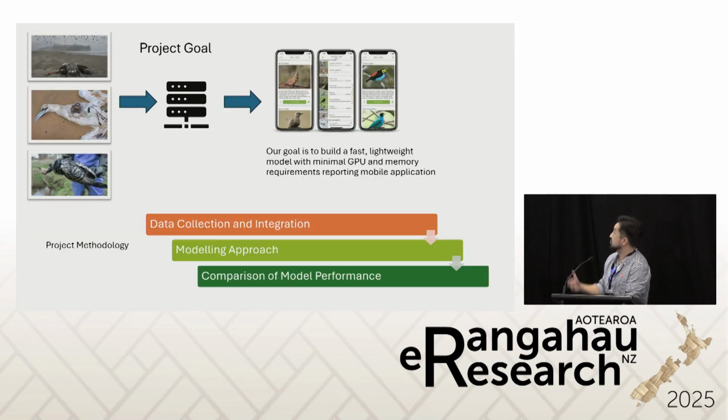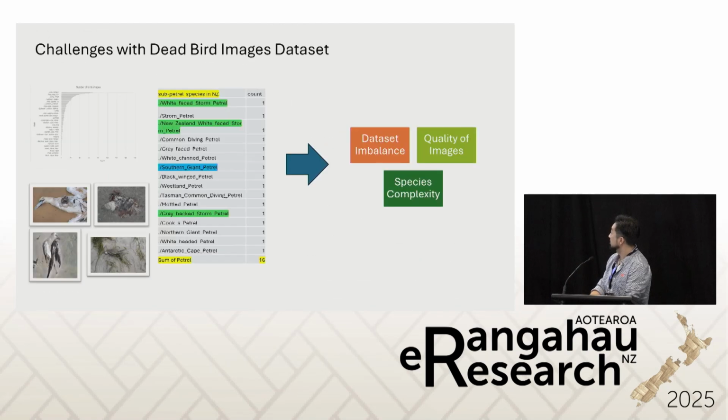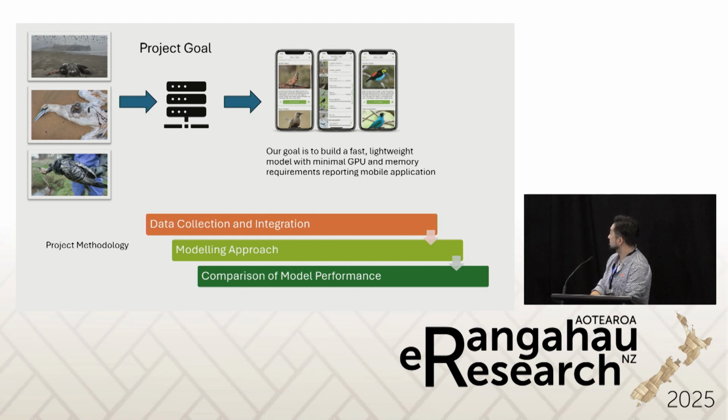So let's talk about our project goals. The project is to develop a model and deploy it on a mobile device to classify dead bird species and also report their location accurately.